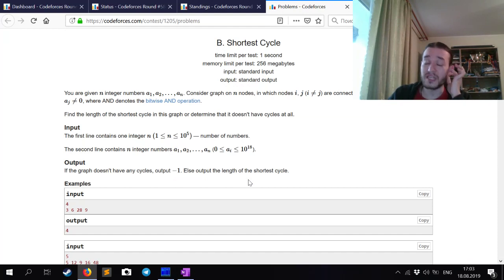There are only 60 edges. How do we find the shortest cycle in this case? Can we just run through all cycles? No, there can be a lot of cycles, right?